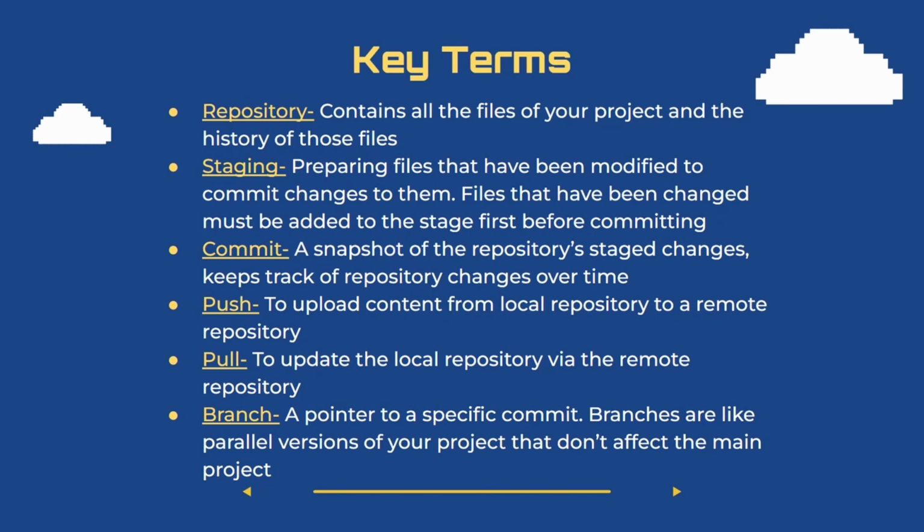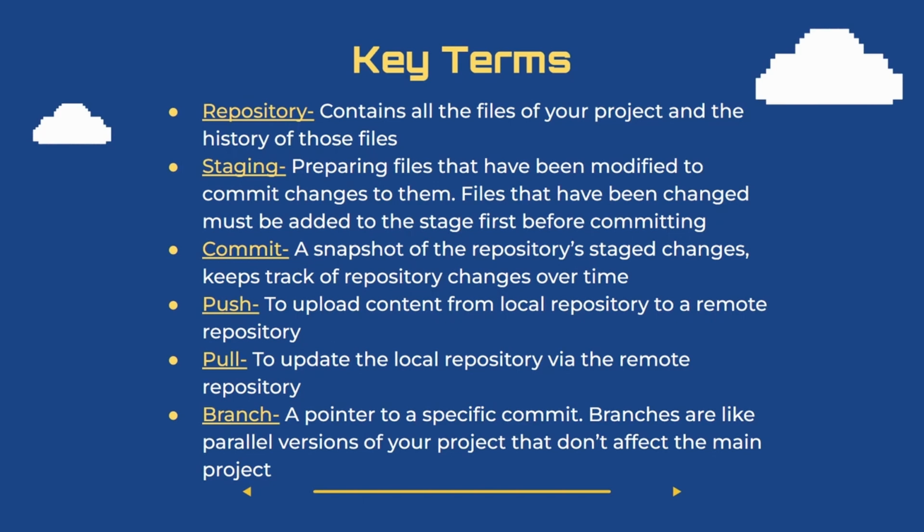When you work with Git, in order to document changes, you need to put them on something called a stage, which we'll get into later in the workshop. In order to commit those changes, they need to be on the stage first. There's going to be a diagram that'll help illustrate this more in the next couple slides.